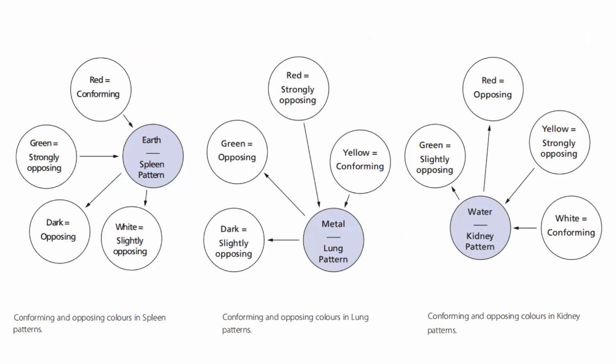In earth element, as in spleen pattern, red is conforming, green is strongly opposing, dark is opposing, and white is slightly opposing.